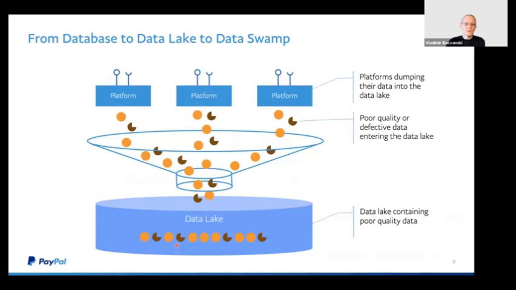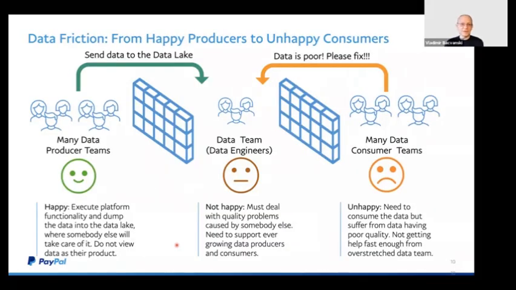So what is going to happen in a scenario like this? Here we have with data lakes a very interesting situation that really degrades the capabilities of the data lake. We have data friction, and this friction goes from the happy producers of data to unhappy consumers. So look at this. We have data producer teams.